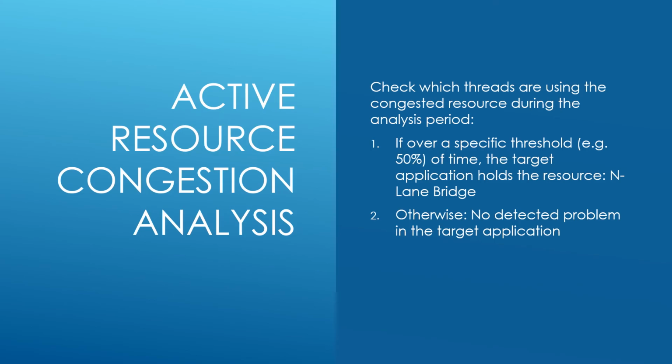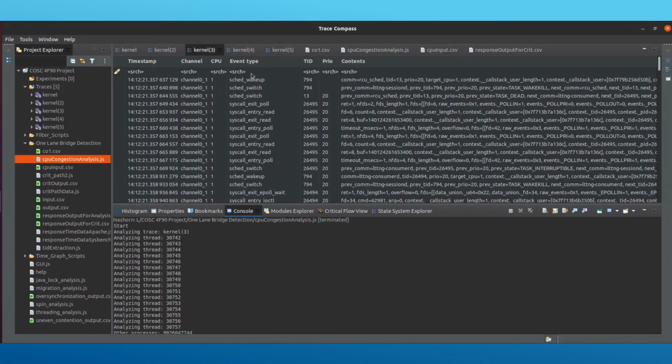For this analysis, I looked at the last trace that we recorded, and then I used the CPU congestion analysis script on it, which will look at which processes were using the CPU during the request times.